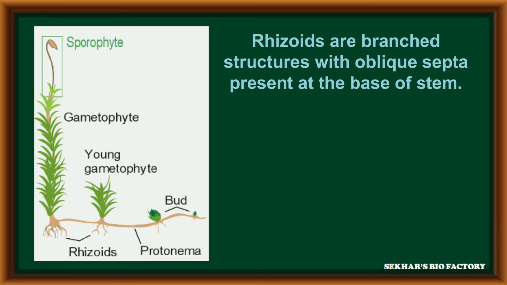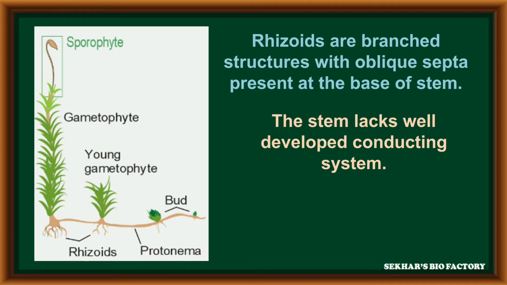The rhizoids are branched structures with oblique septa, present at the base of the stem. In the structure of the stem, it generally lacks well-developed conducting tissues like xylem and phloem, and these are atracheophytic in nature.